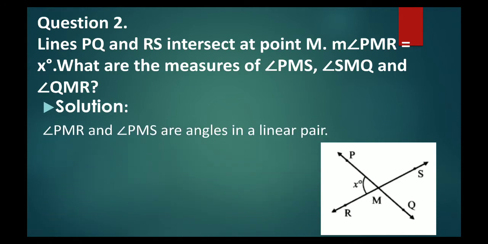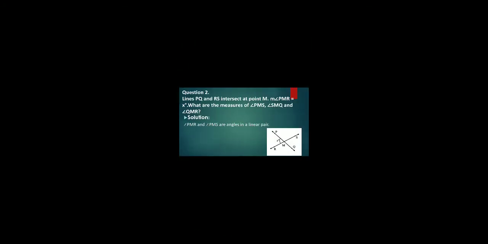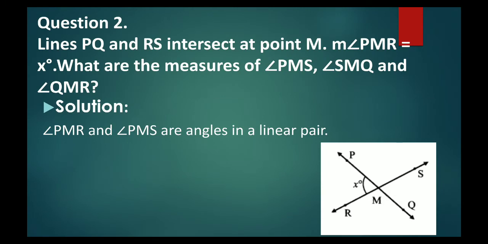Same way we are going to do, children, how we solved question number 1. In question number 1 we had a number for the degrees; here, instead of 47, we have x. Nothing else is different.